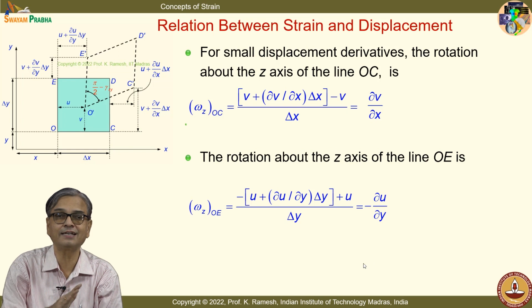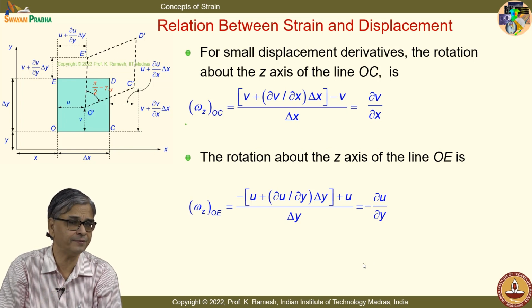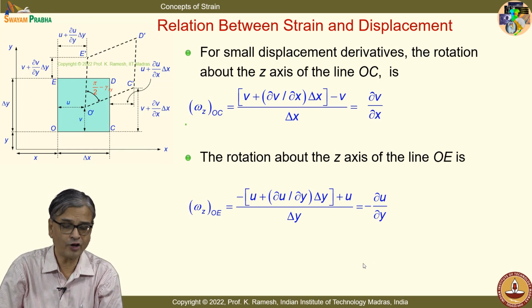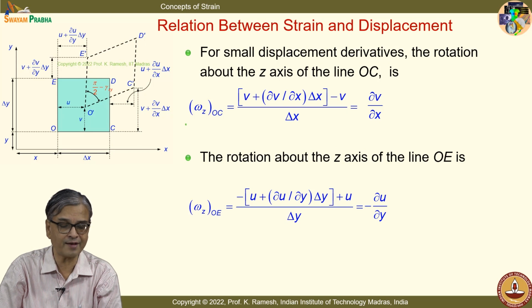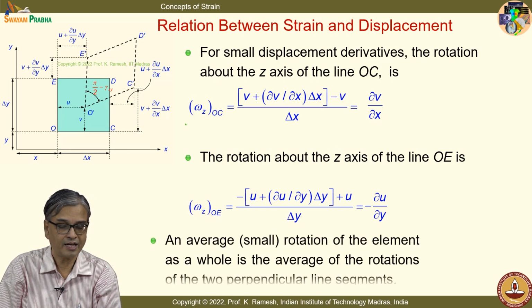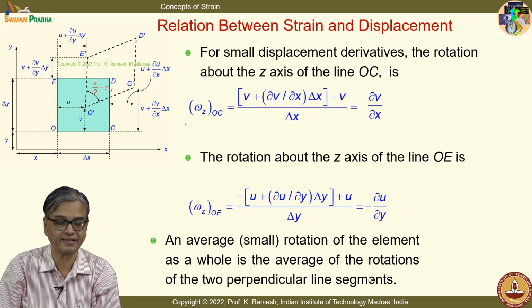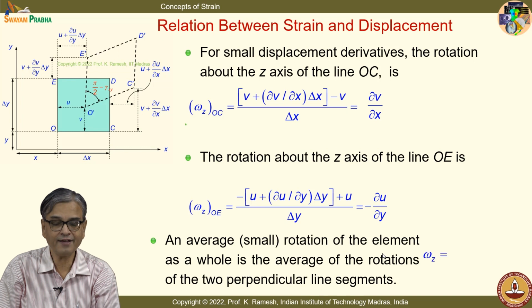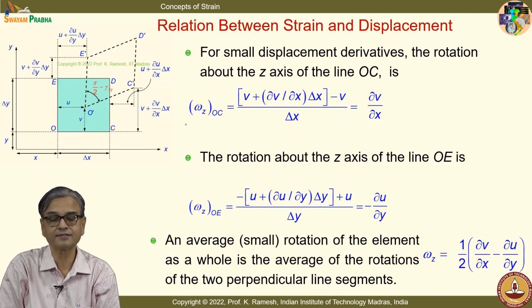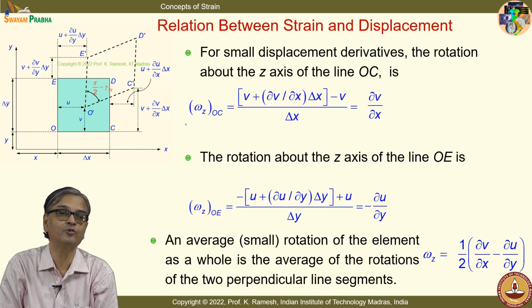You have to recognize that this has rotated in a clockwise direction, and for an element we take an average of this. Rotation of the element as a whole is the average of the rotations of the two perpendicular line segments. So, I have omega z as half of dou v by dou x minus dou u by dou y.